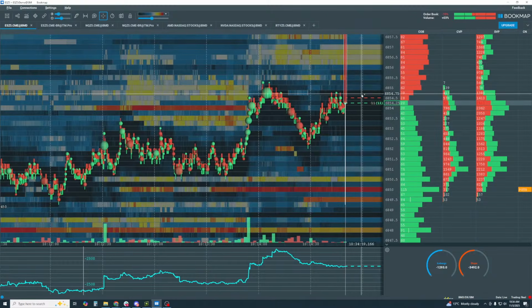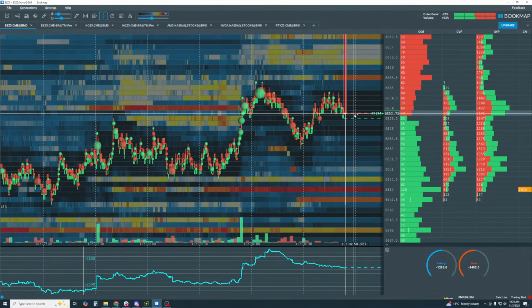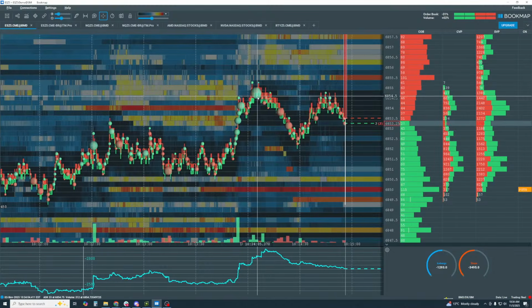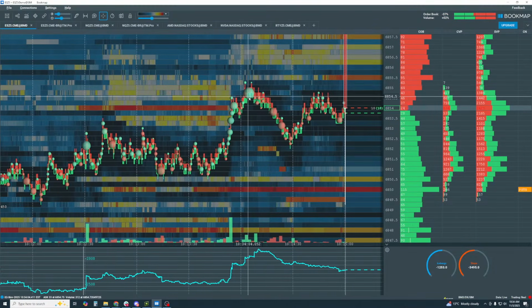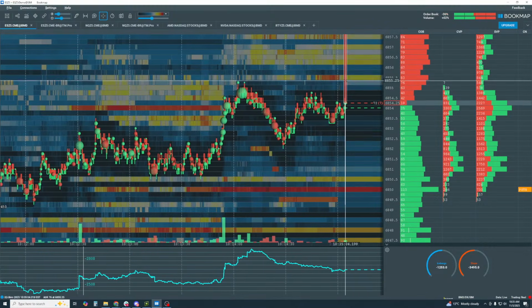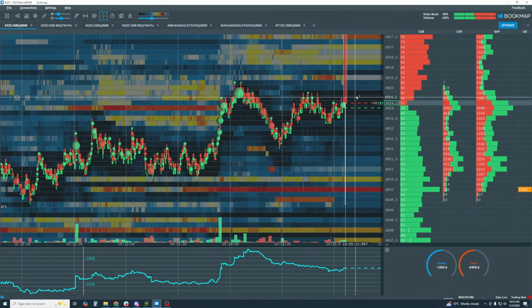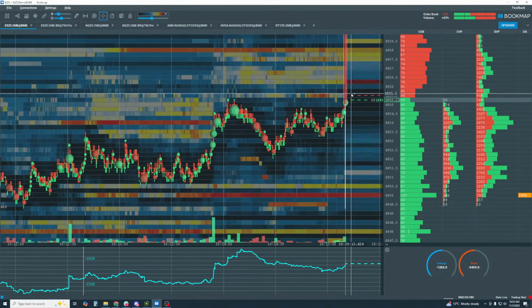Now we're looking for the buyers yet again. If they do not show up in here, this will turn into an impulse move one that failed, and then it rolls over again. That's why we need to see the commitment in the order book as well as from the buyers here. There we go.